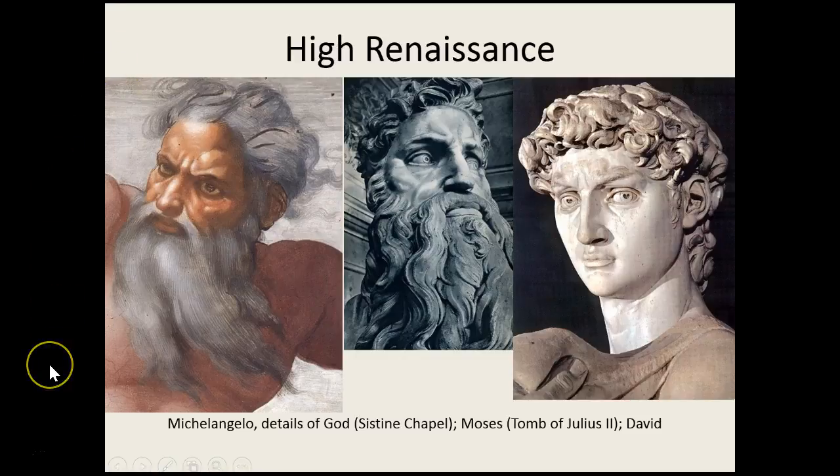Also, note the use of that term I had mentioned earlier, terribilità, which was the use of a very stern, tense expression. He first used it in the statue of David, where the face was very tense but the body was in a relaxed contrapposto position, and the two contrasted with each other.